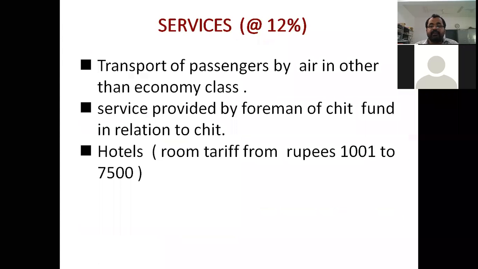Business class usually has special facilities and comes under the 12% GST rate. Service provided by foreman of chit fund in relation to chit, whatever finance activities come under chit finance, also comes under 12% GST. Then hotel room tariff from rupees above 1,000 to 7,500 comes under the 12% GST rate.